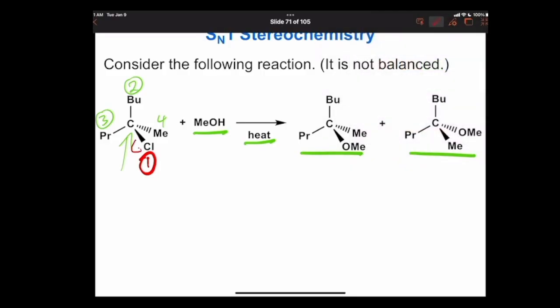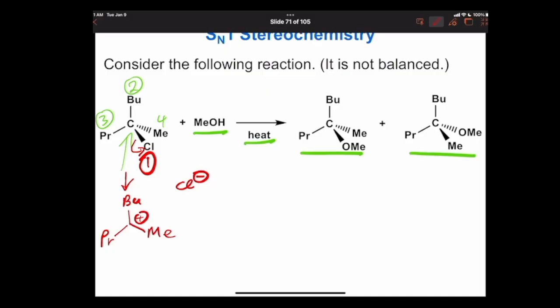The first step is to form the butyl, methyl, propyl positive with the chloride. We lose that leaving group and form an sp2 hybridized intermediate. That's my carbocation. That's step 1.